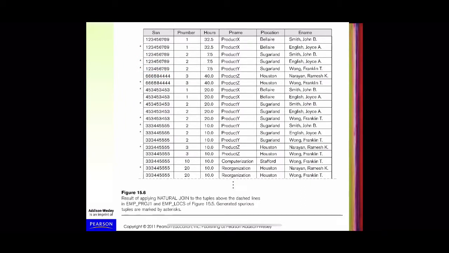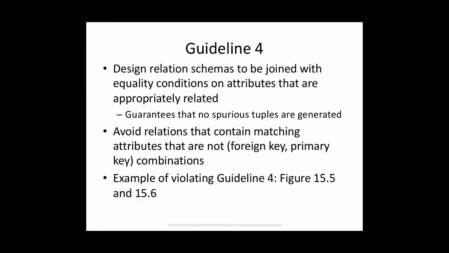We are getting such a result because in this case, the P location is the attribute that relates employee location and employee project, right? But the P location is neither a primary key nor a foreign key in either of these two relations. So that is the main reason why we are getting such undesired tuples or spurious tuples. So guideline 4 states that design relation schemas to be joined with equality conditions on attributes that are appropriately related.